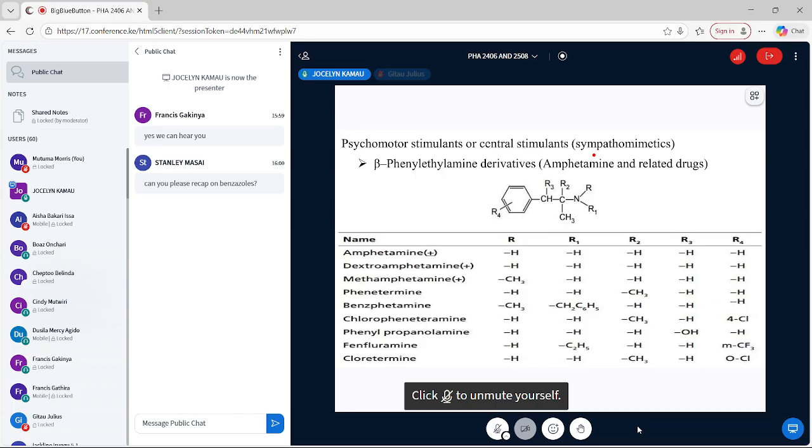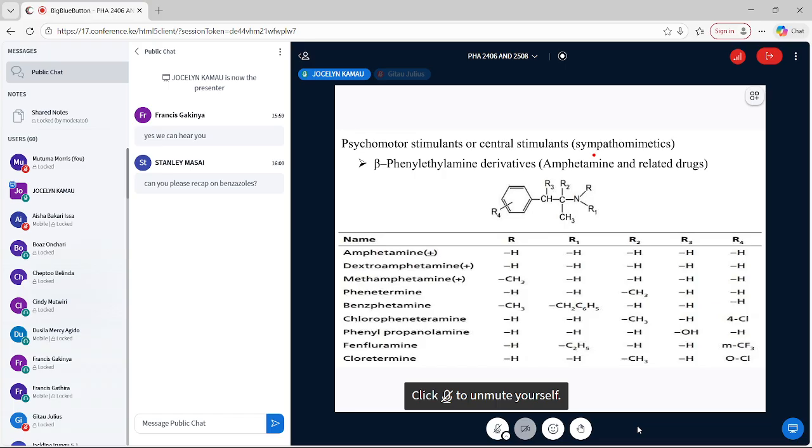Then you have methamphetamine. The only difference between methamphetamine and amphetamine is that methamphetamine is a secondary amine, while amphetamine is a primary amine. This was dextroid.